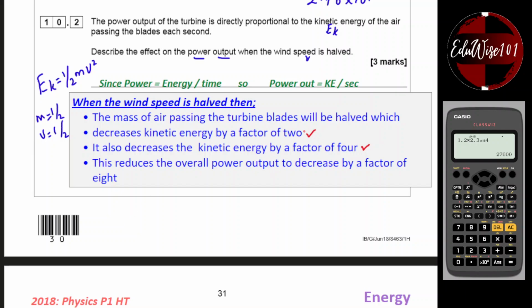Now, together, you need to multiply to see what happens to the overall power. This causes the overall power output to decrease by a factor of 8. That's a hard question.